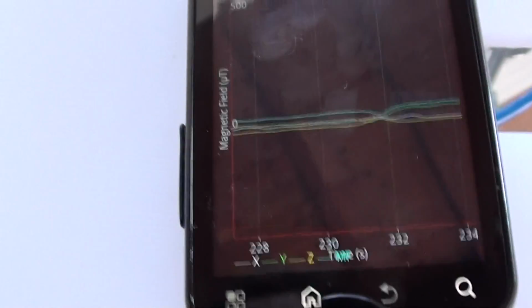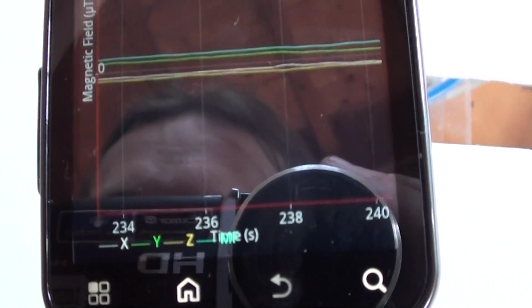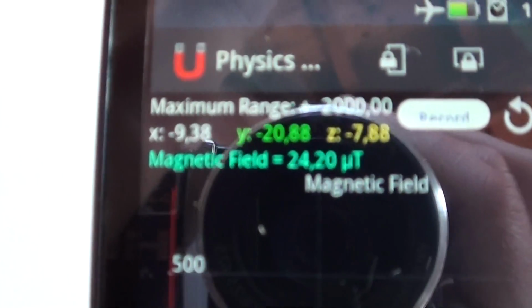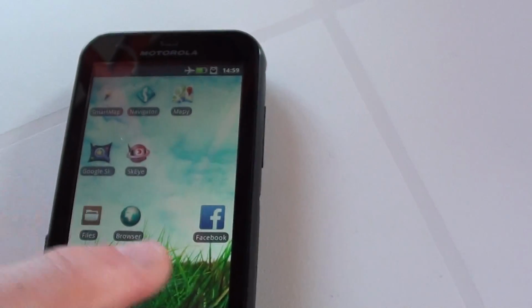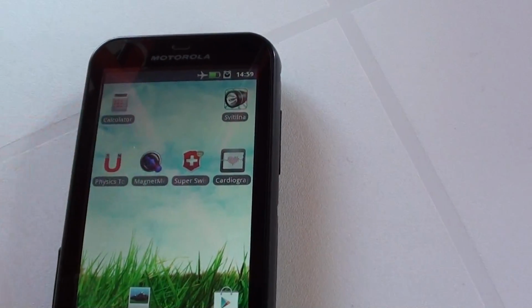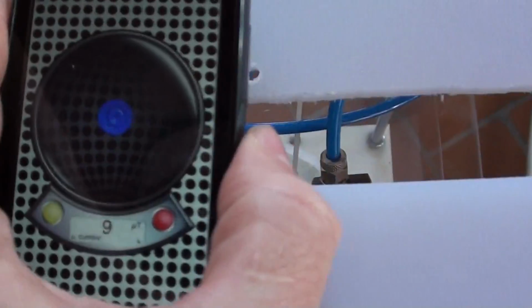Let's go on the top. Now let's try another application with the arrow. And let's check the system again.